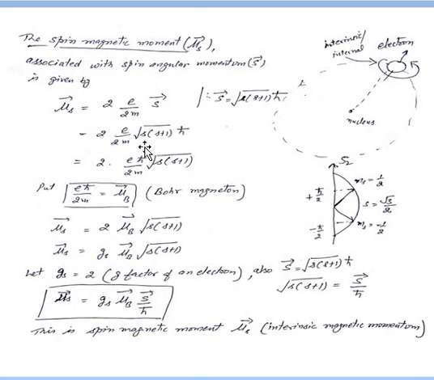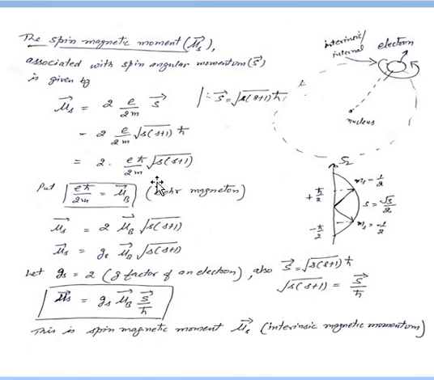And normally this quantity e h cross divided by 2m is equal to the Bohr magneton. This is written as mu B here. So if we use mu B in this case, what would be the value for mu s? It would be mu s equal to 2 into mu B, the Bohr magneton, times the square root of s into s plus 1.